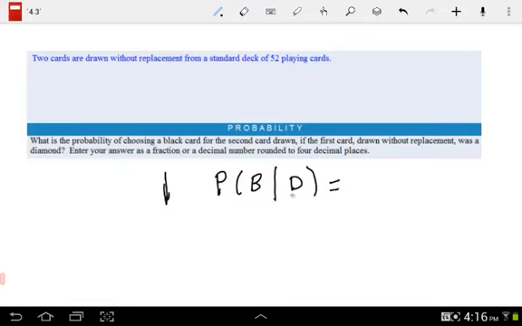Notice if a diamond is chosen, that really doesn't affect the number of black cards that we have. We're still going to have 26 black cards. But it does affect the total. If I've already pulled one without replacement, that's only going to leave me with 51.